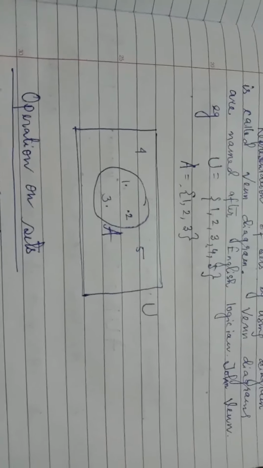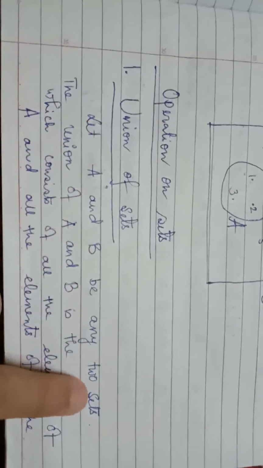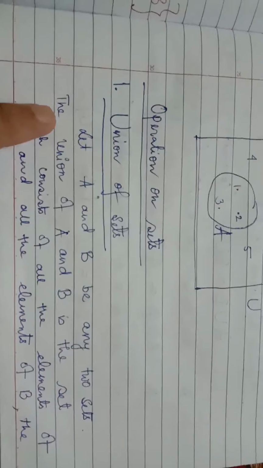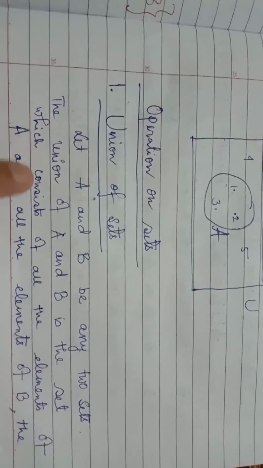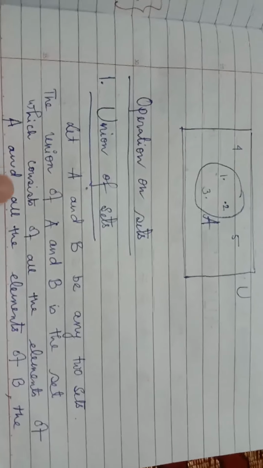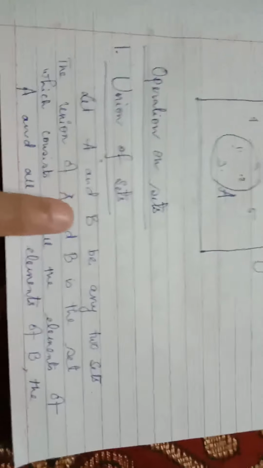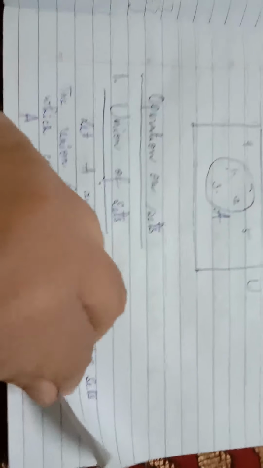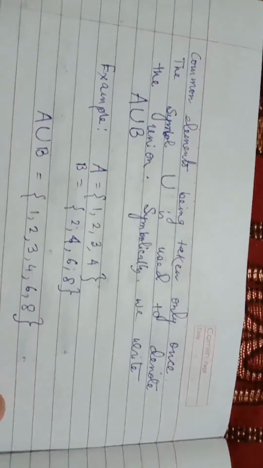Next, operation on sets. Let us start with union of sets. Let A and B be any two sets. The union of A and B is the set which consists of all the elements of A and all the elements of B, the common element being taken only once.